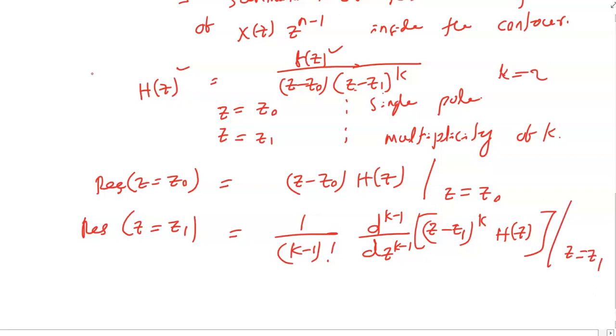That means suppose there is a multiplicity of 2, then 2 minus 1 factorial, that is 1 factorial, that is 1, and first derivative, 2 minus 1 is 1, so d upon dz of (z minus z1) square h of z. We'll see with the example.